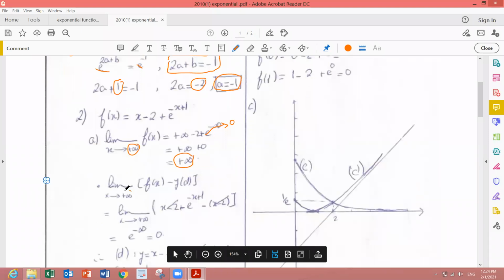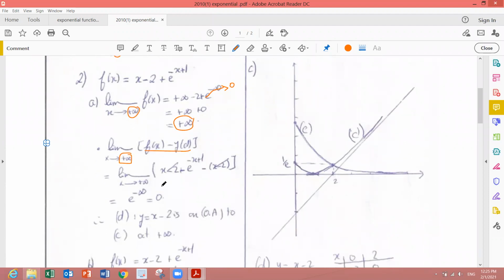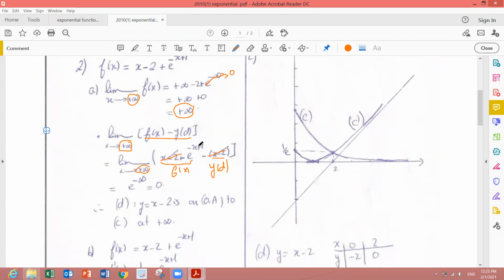So the limit as x tends to plus infinity of f of x minus y of D equals the limit as x tends to plus infinity of f of x, minus y of D, which is x minus 2. x minus 2 minus x minus 2 gives 0. We still have e to the minus x plus 1.